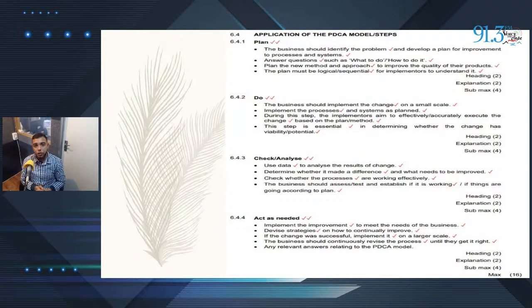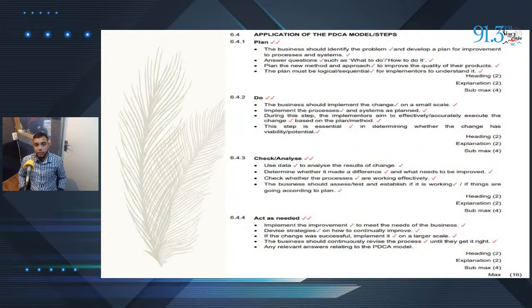The next subheading is your PDCA model. So what you're doing here is you're first naming the PDCA stages, which is for 2 marks each, and then you're giving one explanation. So plan, what are you going to answer here? The business should identify the problem.